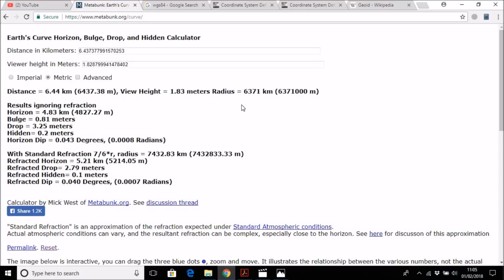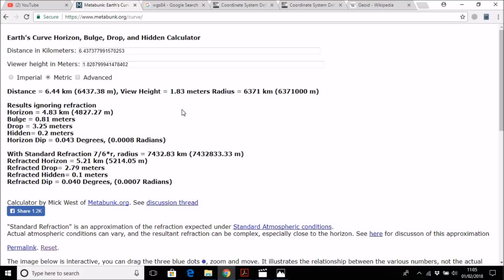The Earth is very nearly a perfect sphere. And if you want to know the relationship between 2 points on that surface and how much should be hidden from a particular viewing height, then you can get a very good idea of what should be observed by simply using a circle and making this kind of calculation.